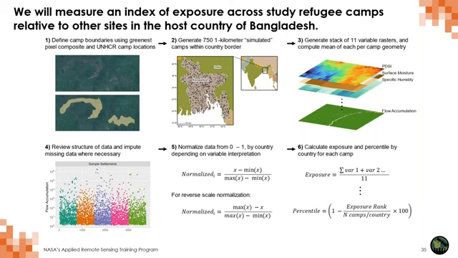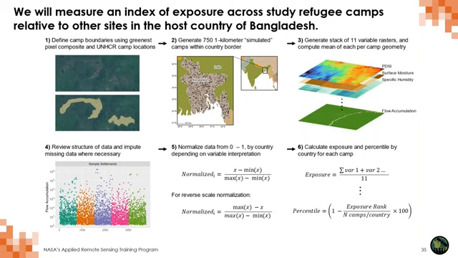And so we're using these simulated camps to help build a population of other hypothetical areas where camps could be placed. And then after this, we'll use the Earth Engine system to build a stack of 11 variable rasters. And we use these to compute the mean value per camp geometry. So this is per simulated camp and then the actual study locations.